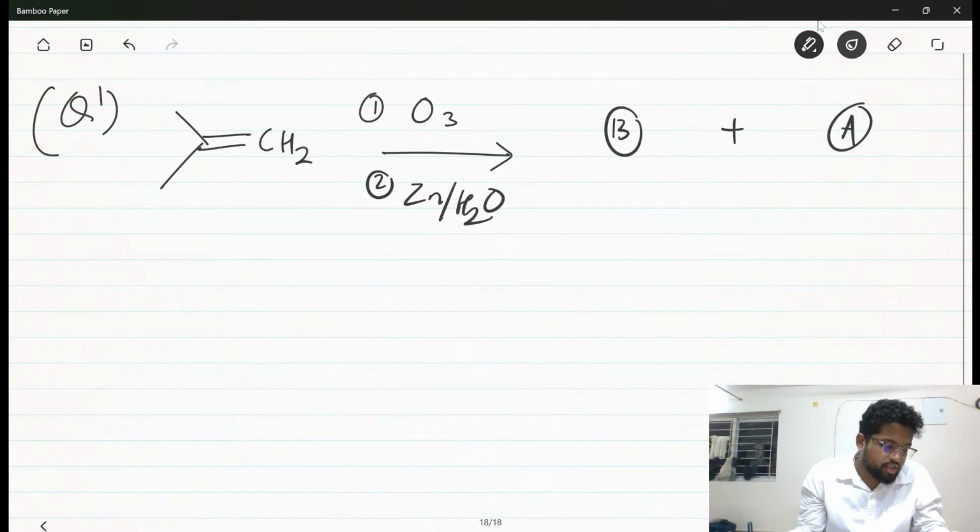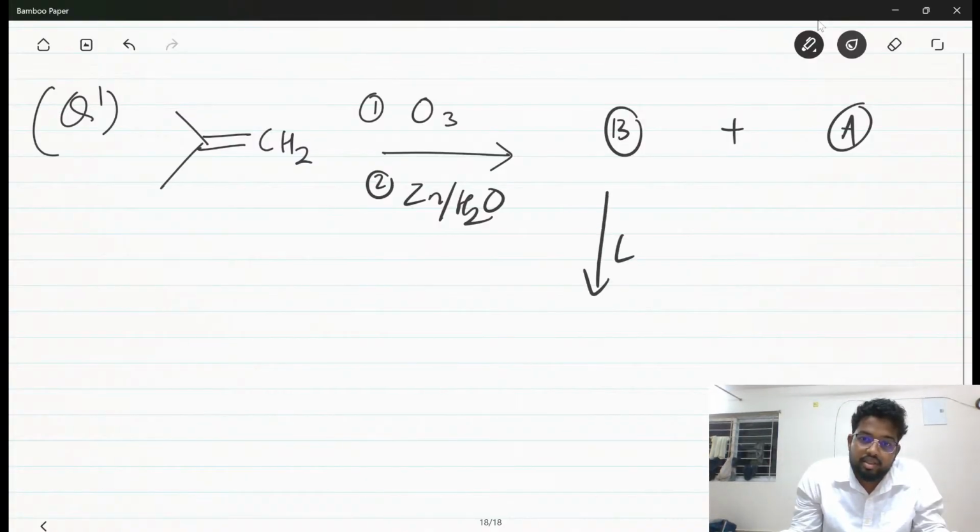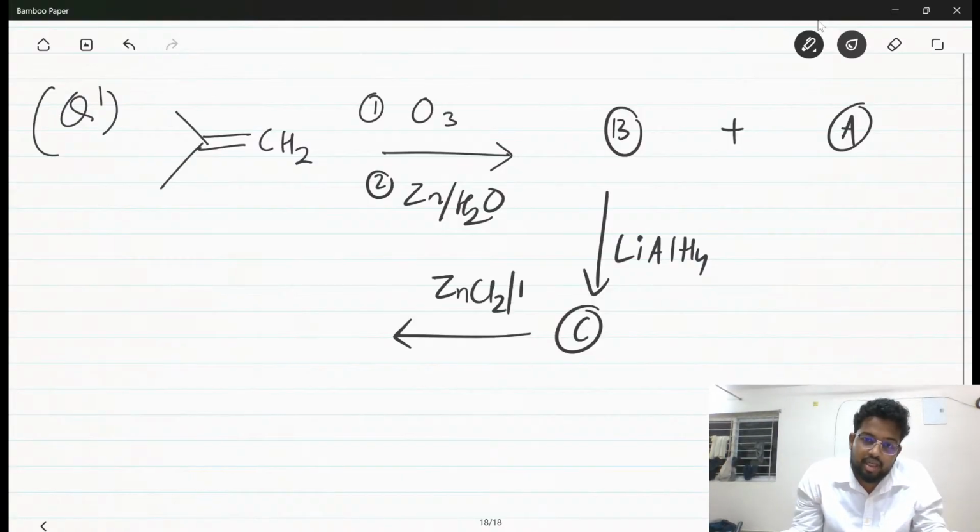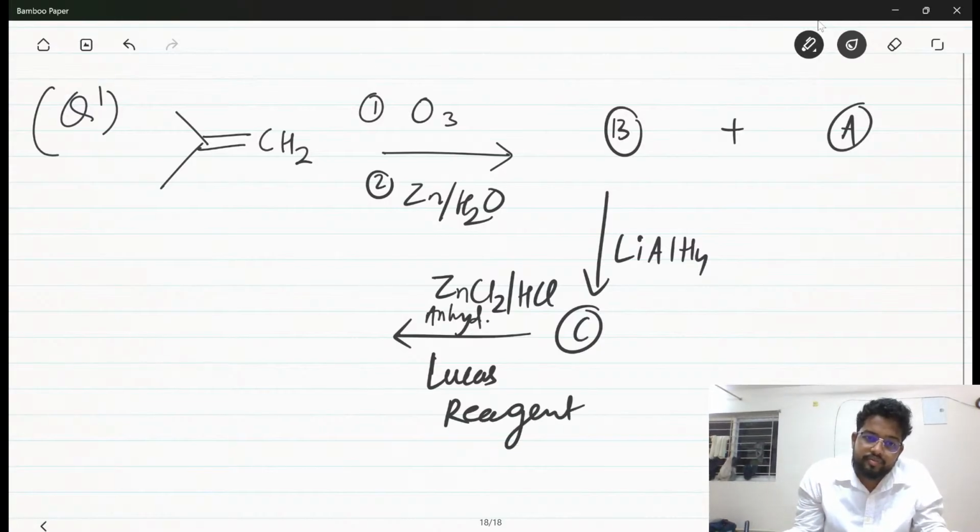Now, they have given some conditions. B reacts with LiAlH4 to give a secondary alcohol, C, and that on treatment with ZnCl2/HCl gives turbidity in 5 minutes. Remember, ZnCl2 and HCl, anhydrous zinc chloride and HCl, that is Lucas reagent.